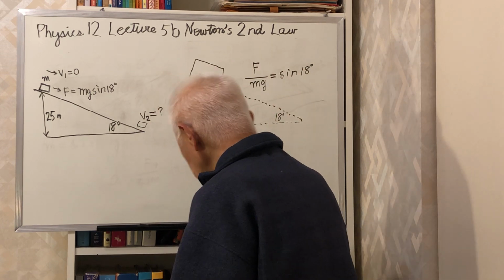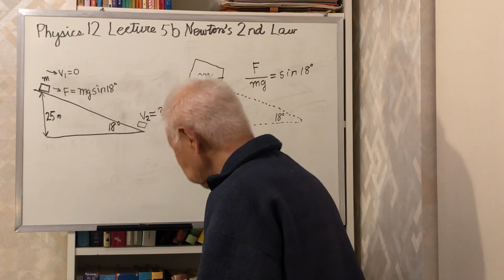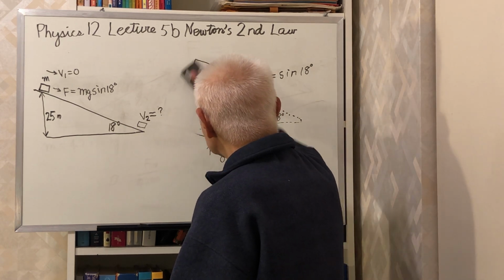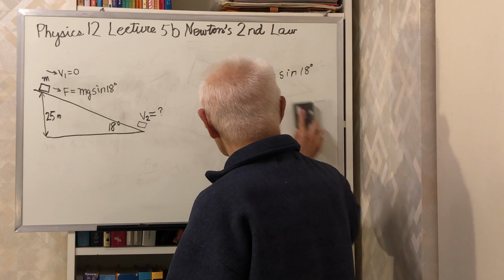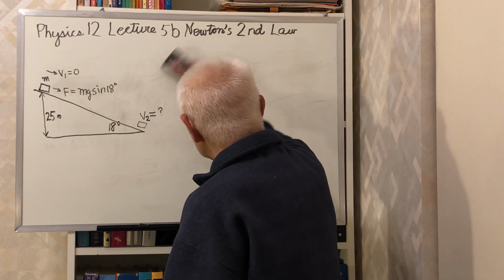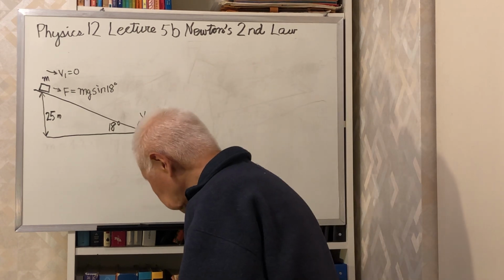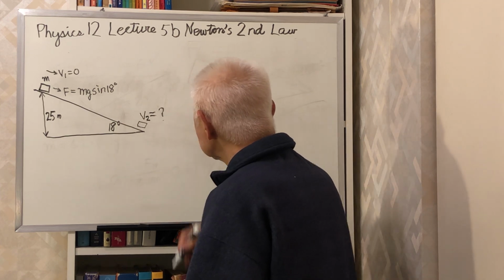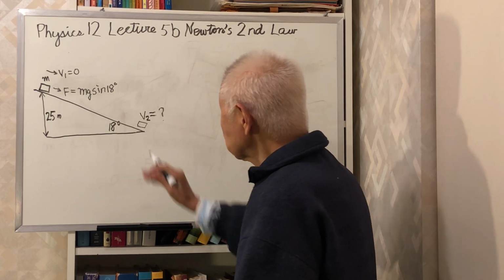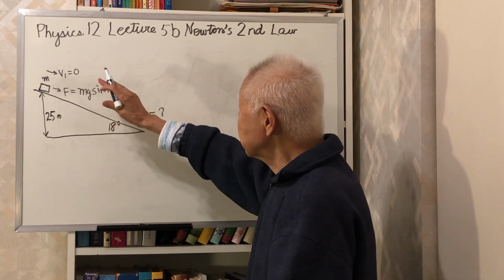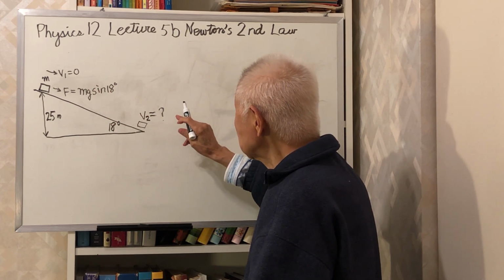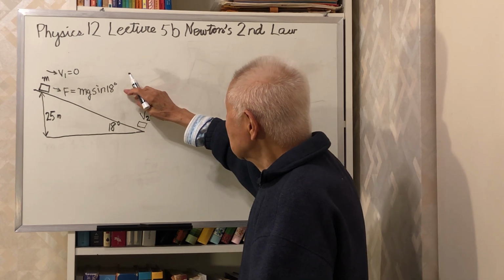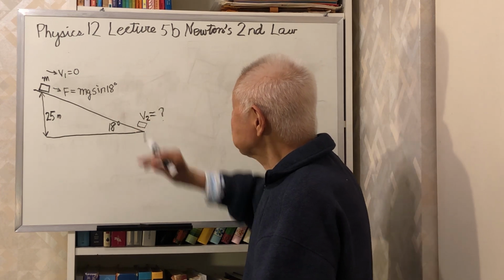Let me erase this and carry on to find v2. So now in this question, v1 is 0, v2 is unknown, and the force is this.